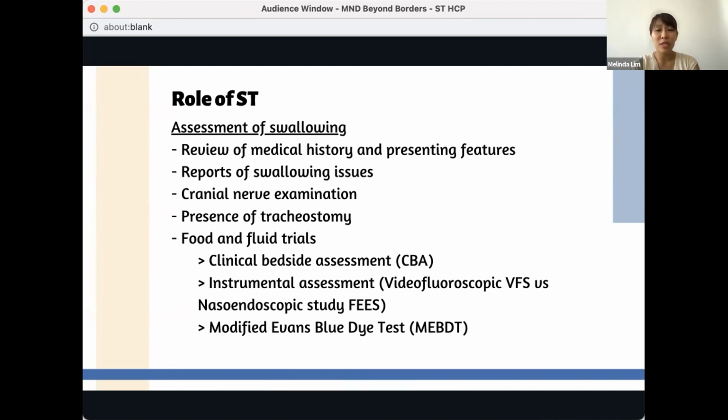Remembering back to the difference in pressure systems with the tracheostomy in place, which I'll touch on briefly later on. And also remembering that you can't just look at the patient and be able to assess, okay, this is safe or this is not safe for eating and drinking. So we do food and fluid trials using instrumental assessments as well as a modified Evans blue dye test.